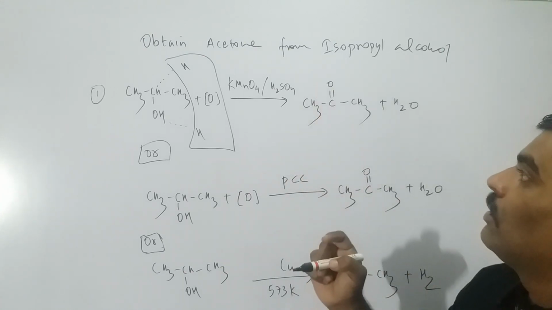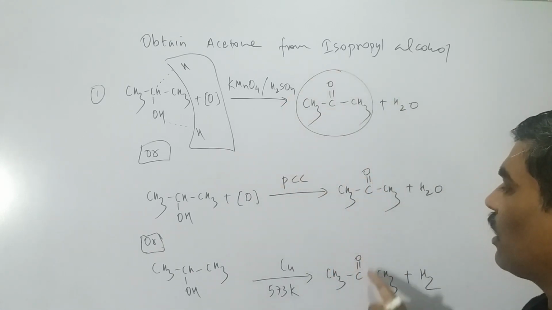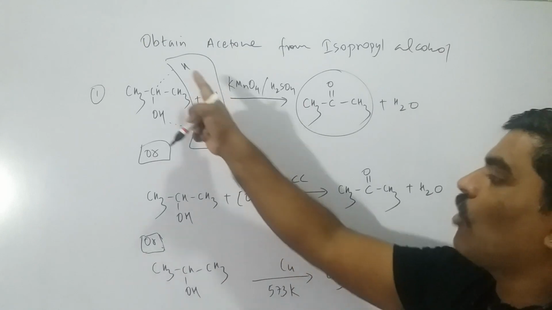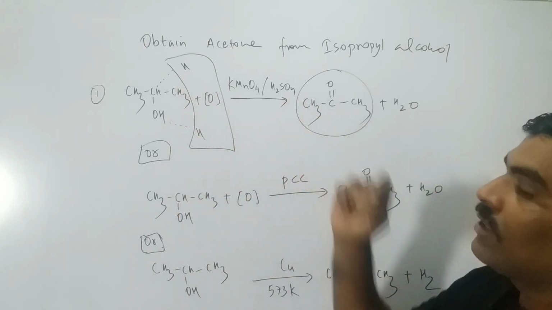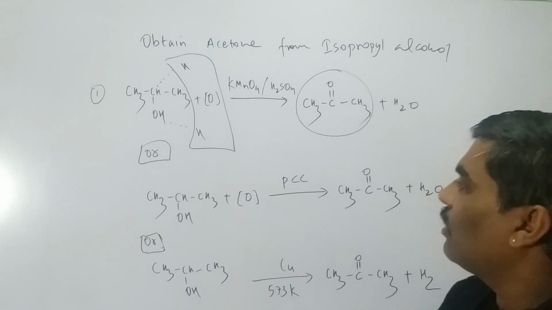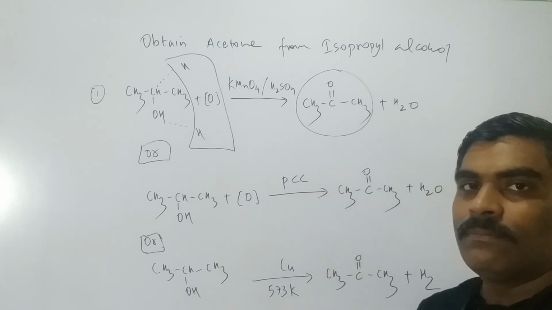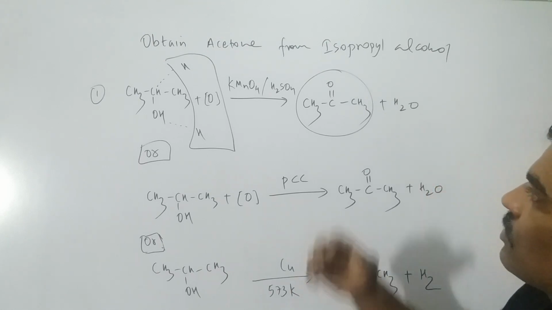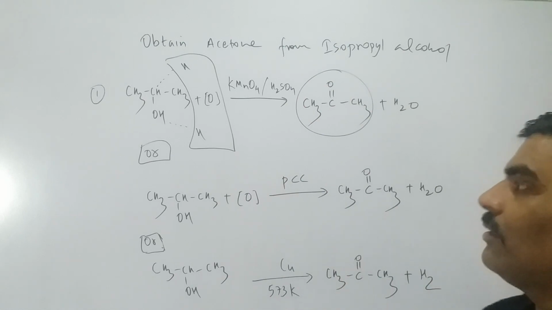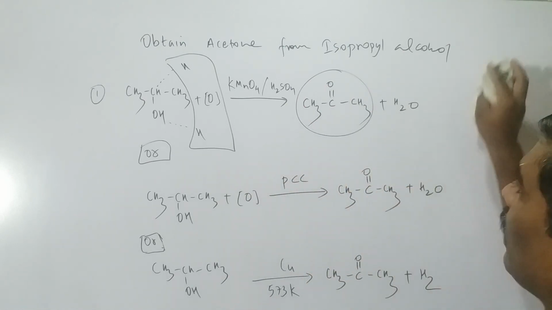So for this question, acetone can be obtained from isopropyl alcohol with acidified potassium permanganate, with PCC, or with copper by heating at 573 Kelvin. So for this, 3 answers are there. Now, another question.